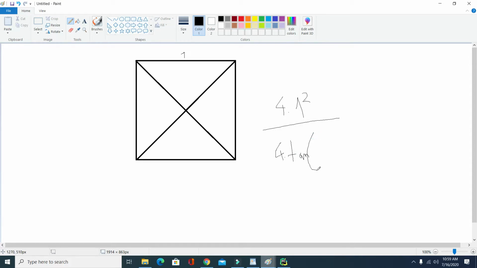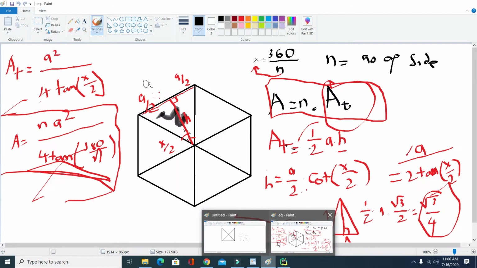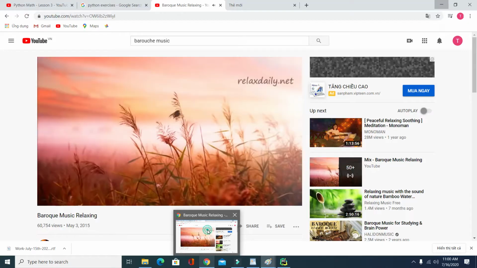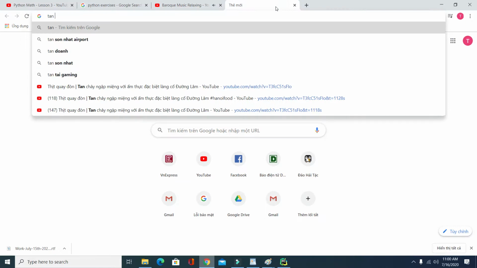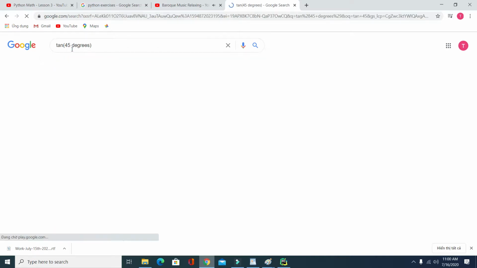Right. So we get 1.045, so we have to search for 1.045. 1.045 is this one.